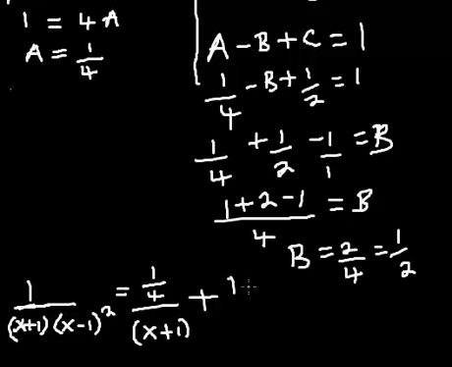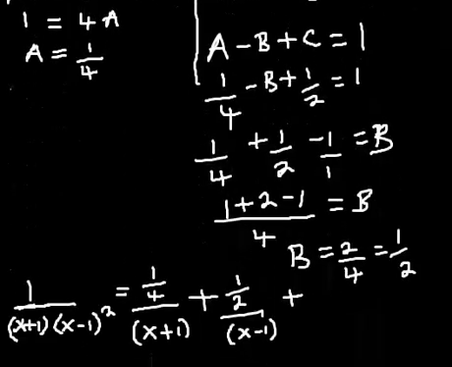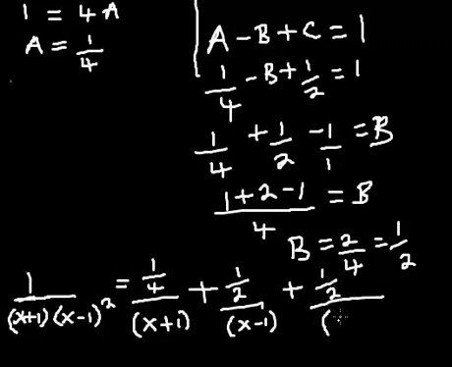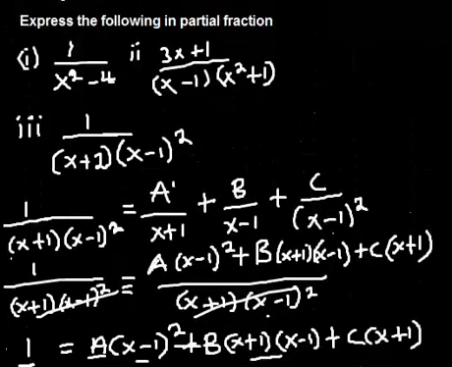What is my b? My b is 1 all over 2, x minus 1, then plus my c. What did I have in c? Still 1 all over 2. So 1 all over 2 all over x minus 1 all squared. So I just used this example to explain all the techniques.